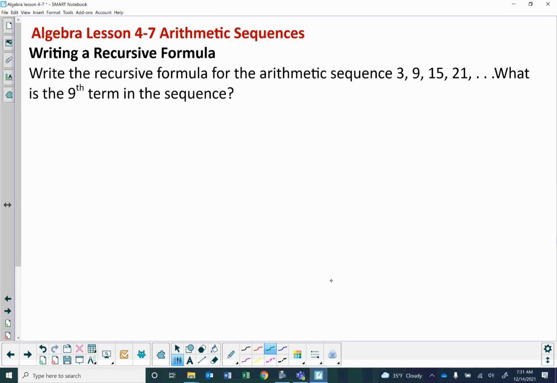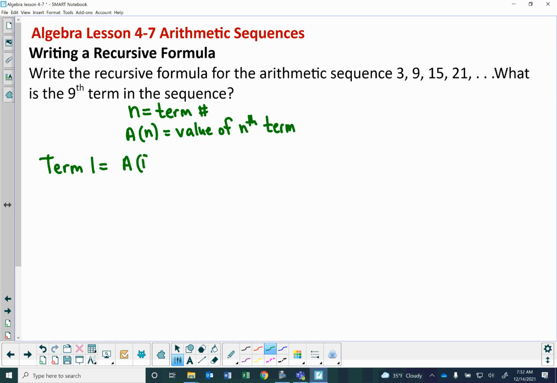Okay, so we're going to write a recursive formula. It says write the recursive formula for the arithmetic sequence 3, 9, 15, 21. What is the 9th term? Okay, so if I let n equal the term number, and I let a of n equal the value of the nth term, term 1, so a of 1 equals 3, because it says so right there.